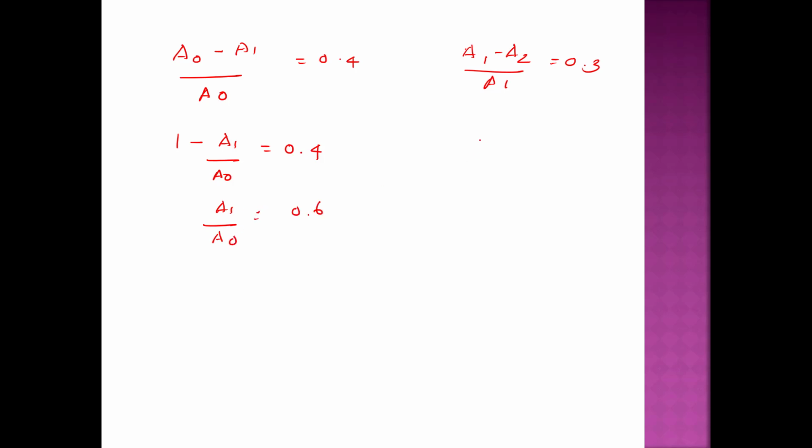In the same manner, 1 minus A2 by A1 equal to 0.3, so A2 by A1 equal to 0.7. So now we want to know the overall fractional reduction.